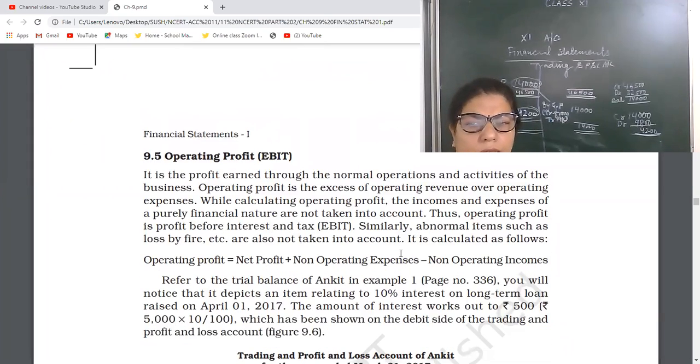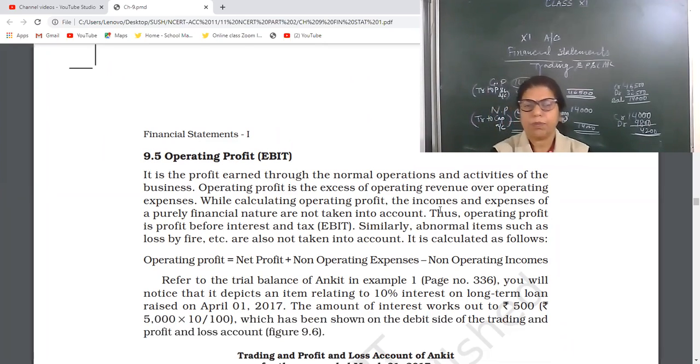How to calculate EBIT? EBIT means earning before interest and tax. Note down please, earning before interest and tax. It is the profit earned through the normal operations and activities of the business.